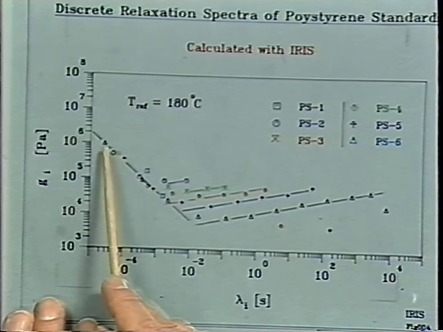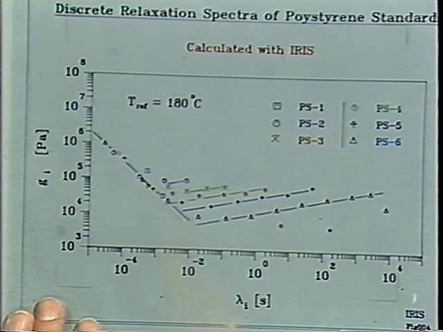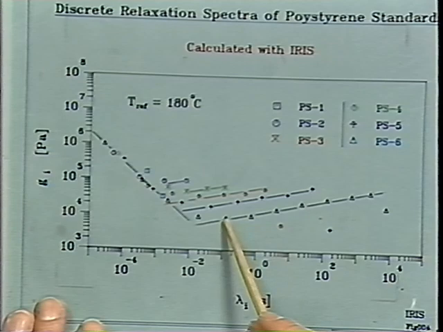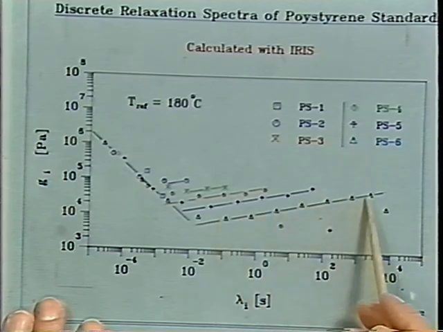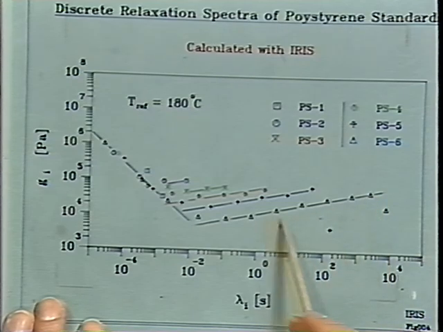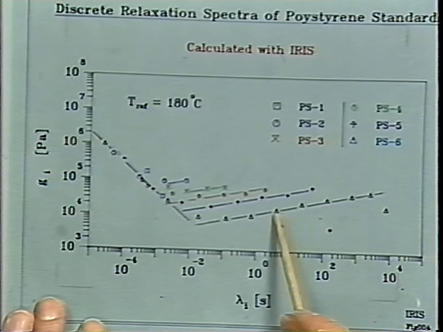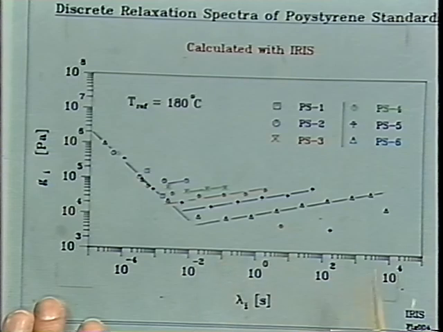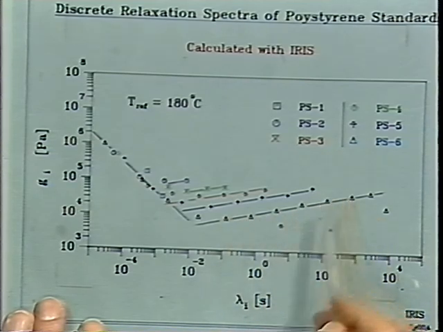So all the Maxwell modes which describe the glassy behavior are along this line. And then let's talk about the longest molecules here. All the Maxwell modes for this molecule sit also on a straight line here. By the way, the slope of this line is the slope we saw in G double prime. Nothing new coming in. And also note that the spacing of those modes is fairly regular.